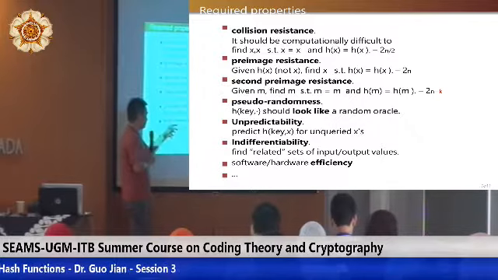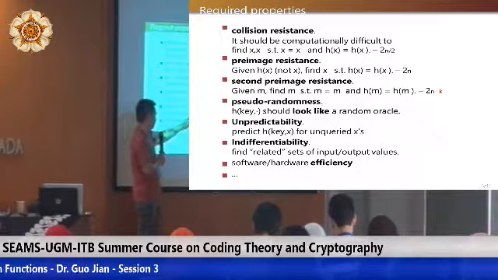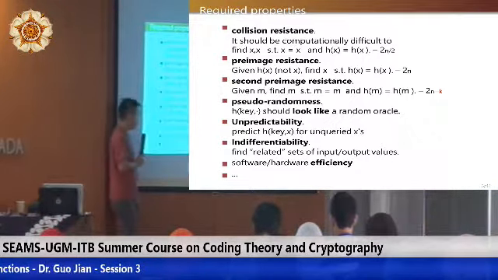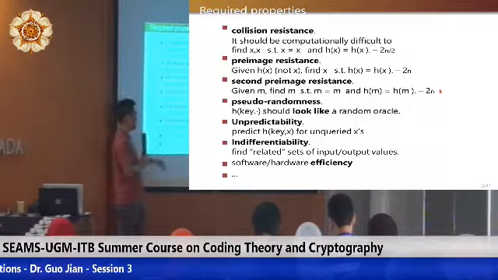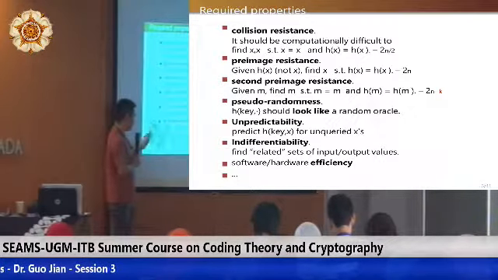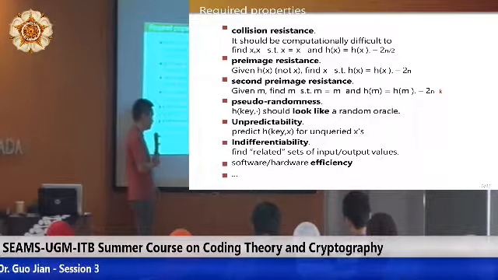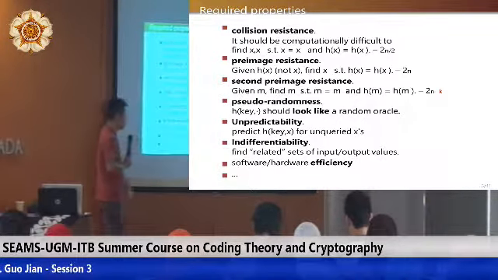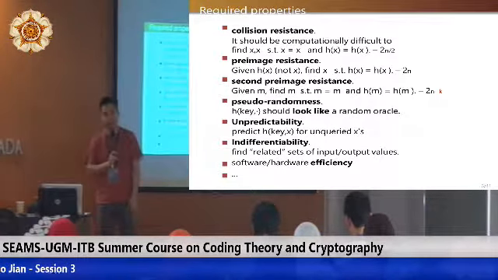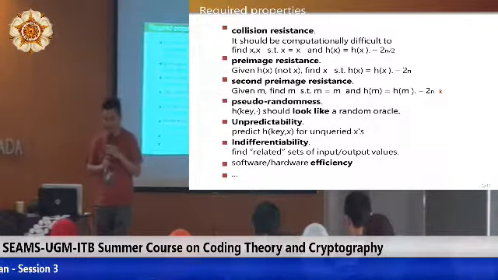Unpredictability means you should not be able to predict the digest depending on the property of x, or explore any correlation between the digest and the inputs x. Indifferentiability means it's difficult to find related sets of input-output values. And of course, for a hash function to be useful, we usually require it to be very fast in both software and hardware.